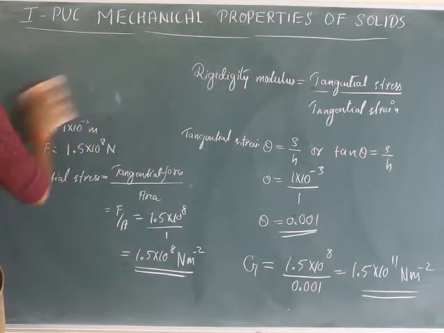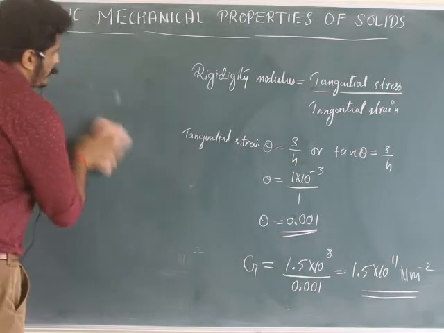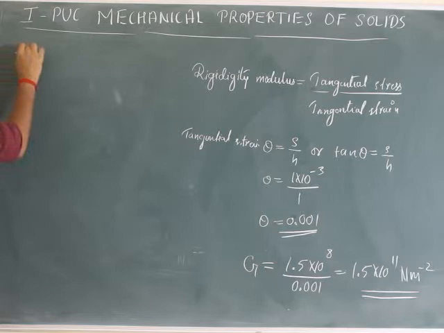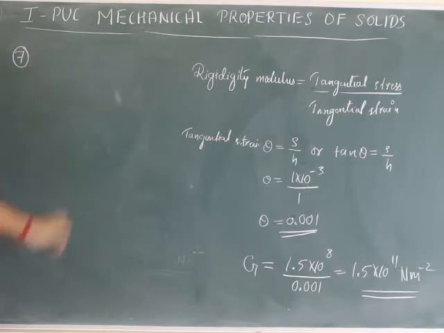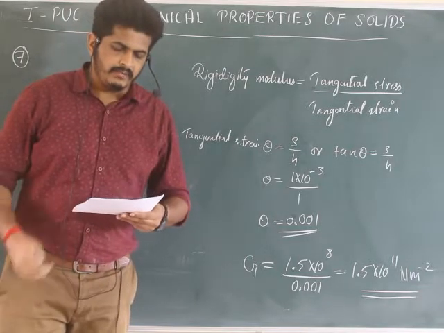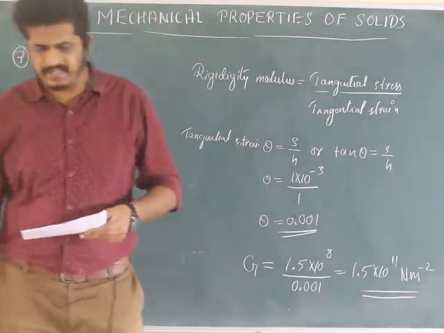So, let me erase this. Let me go for the next numerical. Question number 7. Question number 7 is: when a rubber ball is taken to a depth of 100 meter in sea.